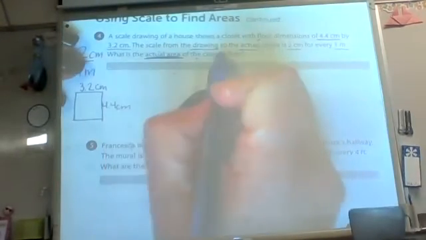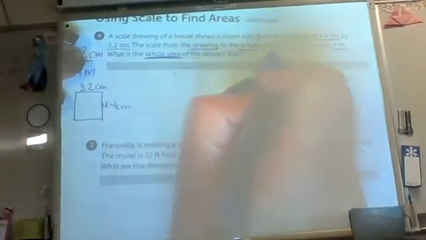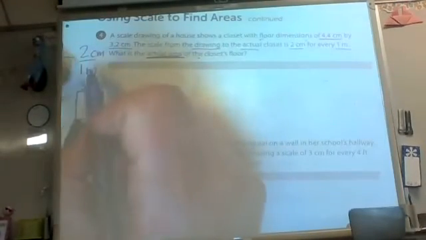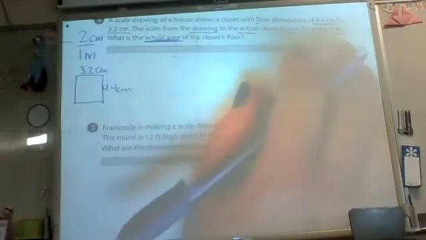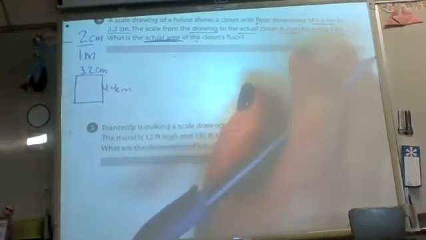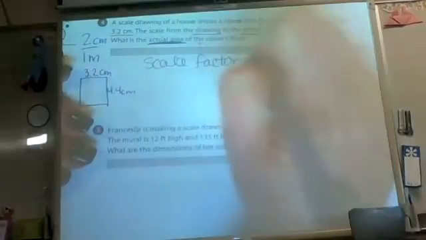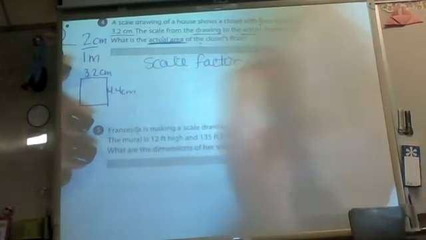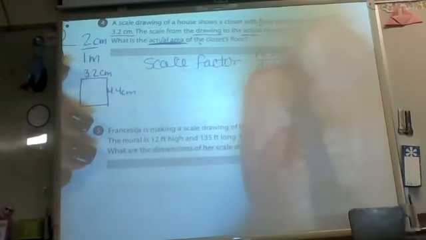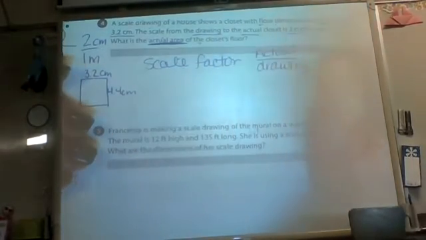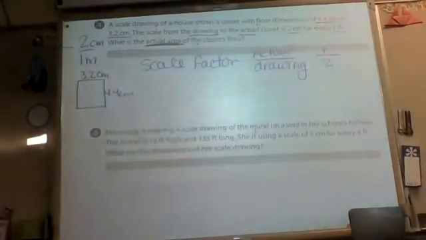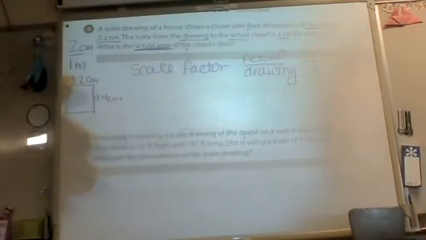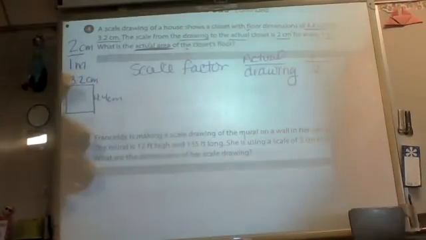The scale from the drawing to the actual closet is 2 centimeters to 1 meter. But remember, when we talk about scale factor, it is always actual over the drawing. So if I reverse this, it would be 1 over 2. Well, what's 1 divided by 2? 0.5. Yep. So what's my scale factor?